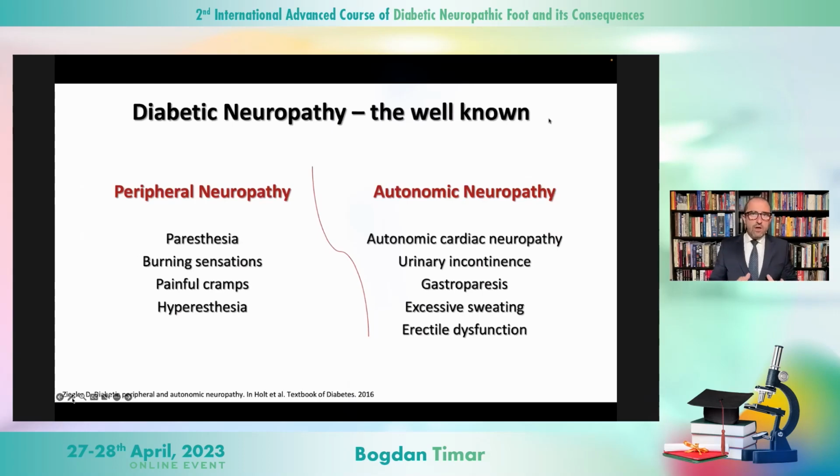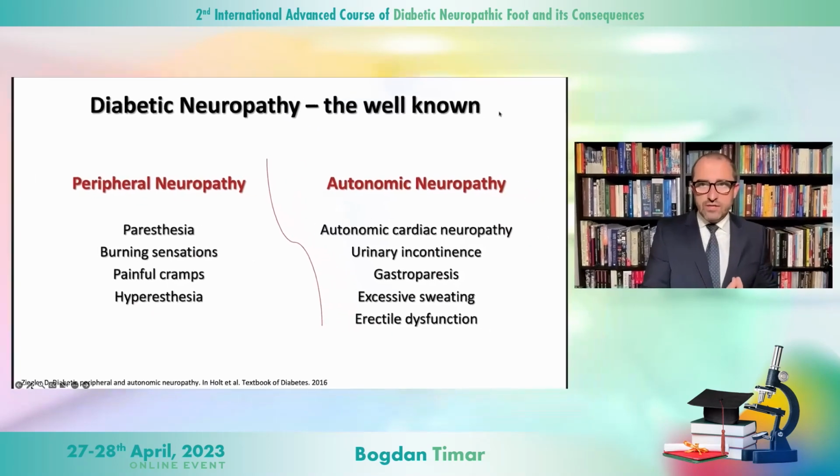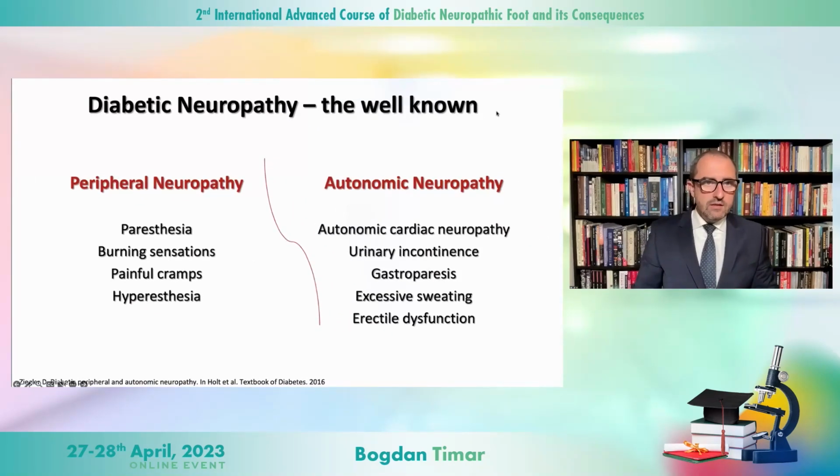When we are thinking of diabetic neuropathy, most frequently we are thinking about the classical things associated with it, like the consequences of peripheral neuropathy: paresthesia, burning sensation, cramps, or hyperesthesia. We are also well aware of the complications of autonomic neuropathy, like cardiac neuropathy, urinary incontinence, gastroparesis, excessive sweating, or sexual dysfunction.